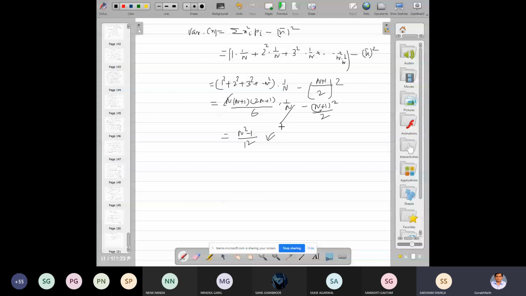Suppose we toss a coin, and coming head is considered as success and coming tail is considered as failure. Then the probability of coming head in tossing a coin is 1 by 2, and not coming head is 1 by 2. So the random variable can take only two values, 0 and 1.